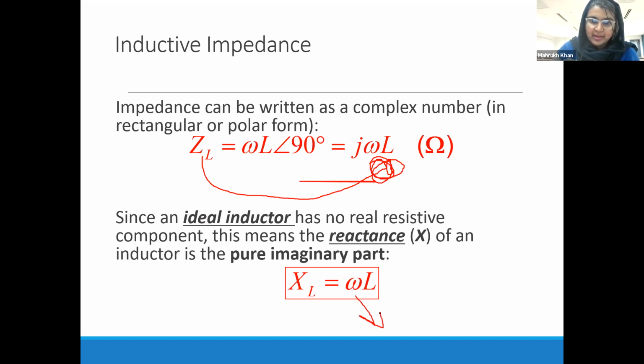Which means that reactance is dependent on the input frequency. It actually increases with the input frequency. So that's how you will represent your inductor.